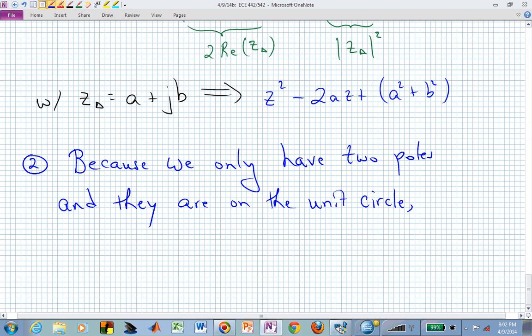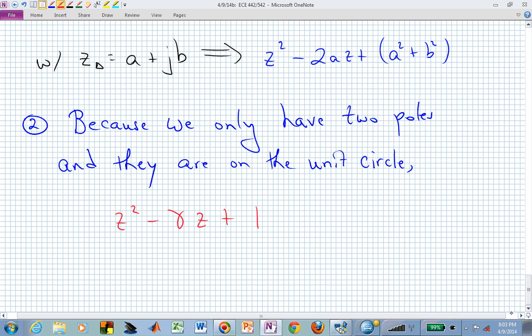We now know that another relationship is we have z squared minus gamma z, let's pretend we don't know what the linear term is, plus 1. We know that they are a distance of 1 away from the origin because those points are on the unit circle. All of our roots are on the unit circle.